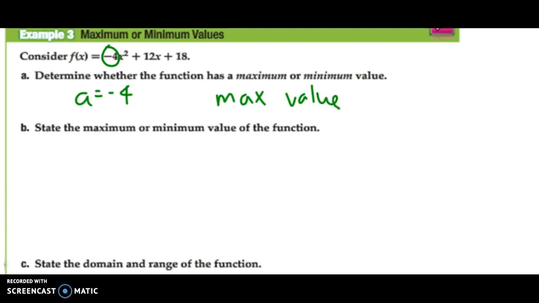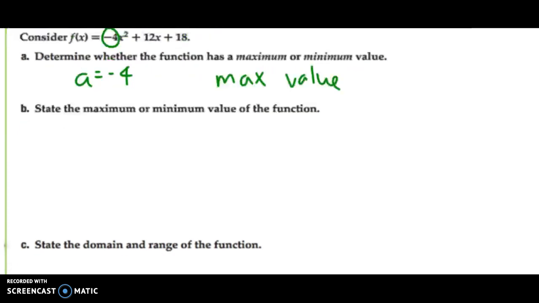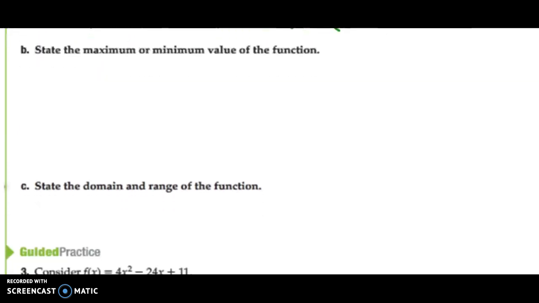Next one, state the maximum or minimum value of the function. So we said that that max or min is going to be your vertex. So essentially what we're going to have to do is find the axis of symmetry, which is our x-coordinate of our vertex, and then we'll find what y is. So the equation we always did for that was -b over 2a.